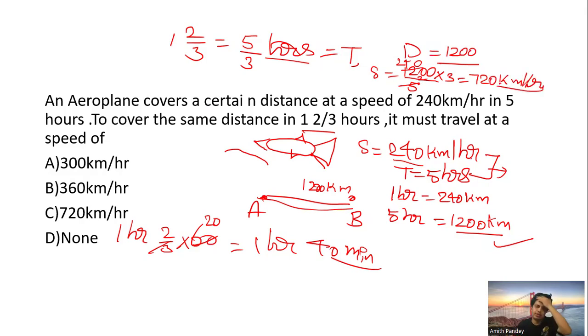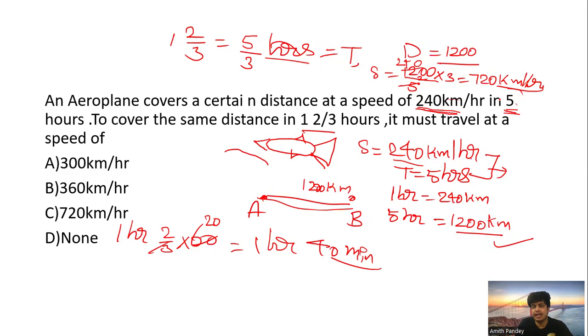See, even this question you could have solved just by basic understanding. It's so simple. If it is going at 240 kilometers per hour, it takes 5 hours. Here the time is half. Let's say if he has to cover the same distance in 2.5 hours, how much speed does he have to go with? Double of this. Always, if time increases, speed decreases; if speed increases, time decreases.